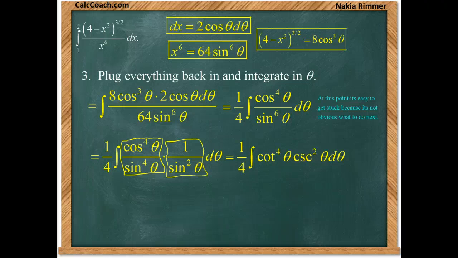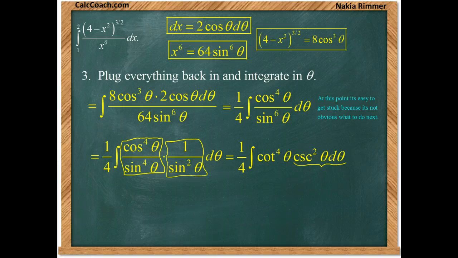But this wasn't really on our powers section when we looked at trig powers. We didn't discuss cotan and cosecant, but there is something nice that does happen though, because the derivative of cotangent of theta involves cosecant squared of theta. In fact, basically, this isn't going to be exactly du, but for the most part, it'll be negative du.